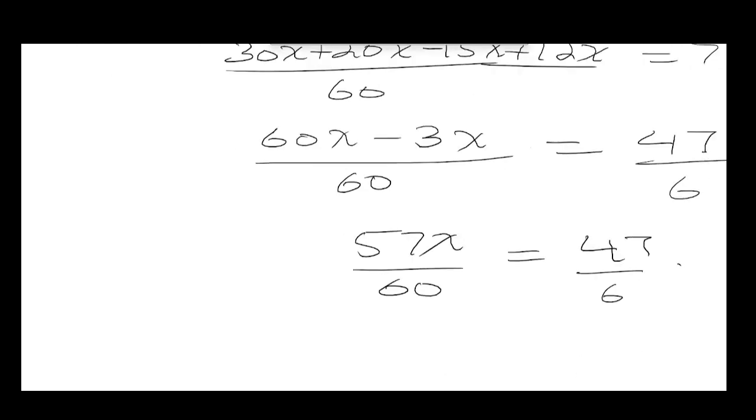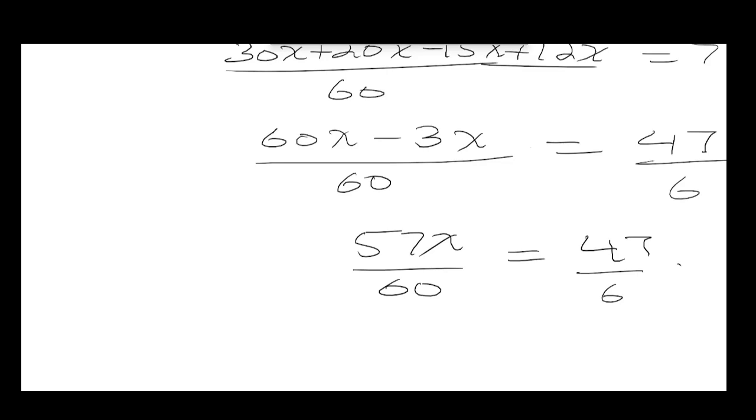So now we will cross multiply: 57x multiplied by 6, and 47 multiplied by 60.